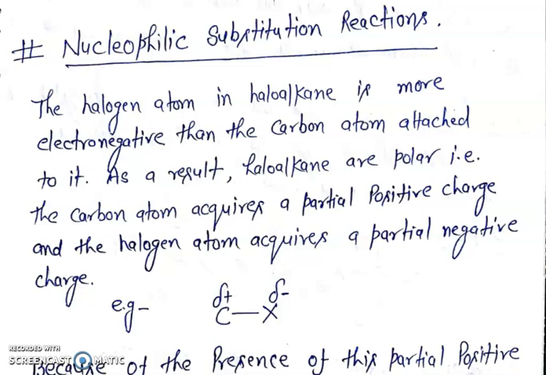The halogen atom in haloalkane is more electronegative than the carbon atom attached to it. As a result, haloalkane are polar. That is, the partially positive charge is developed on the carbon atom and the partially negative charge is developed on the halogen atom, as seen in the example.